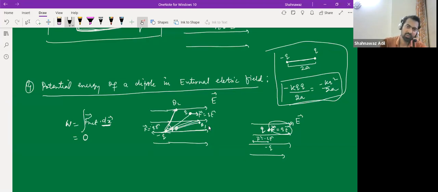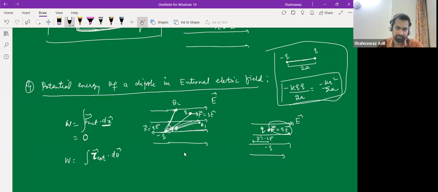Whenever some external torque is applied, there would be some angular displacement. So due to that, there would be some work done. So work done would be torque, the external torque, dot d theta.